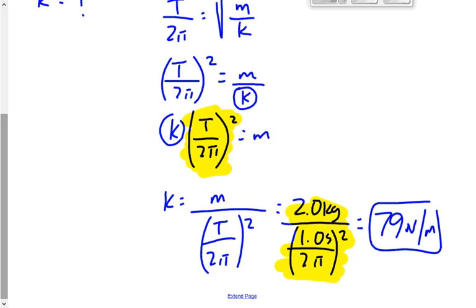Got it? Alternatively, instead of multiplying the k and then dividing by all that, could you just flip both of them around the other way? So it would be 2 pi over T squared equals k over m and multiplied by that. Yeah, you could. I hesitate to teach a way like that because that's creative thought, and I like that.